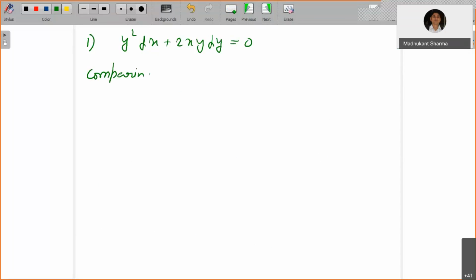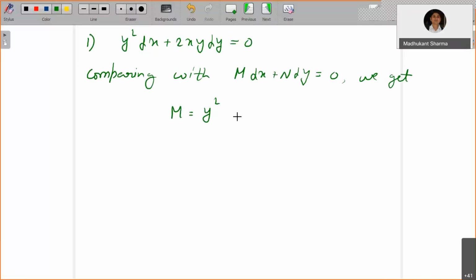Comparing with M dx plus N dy equals 0, we get M equals the dx coefficient, that is y square, and N equals 2xy.